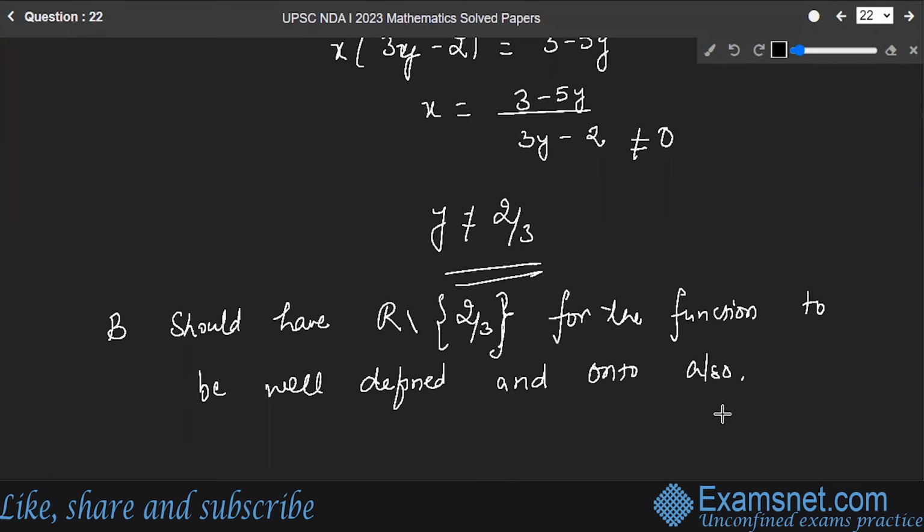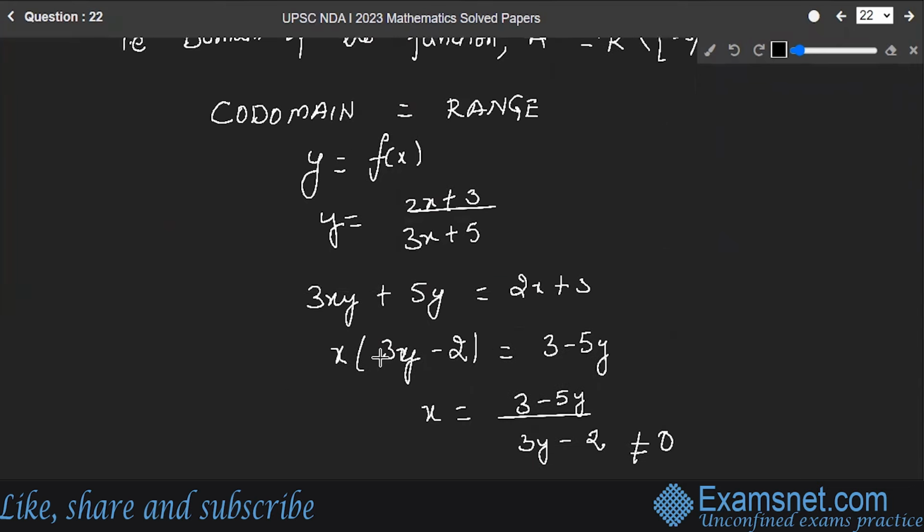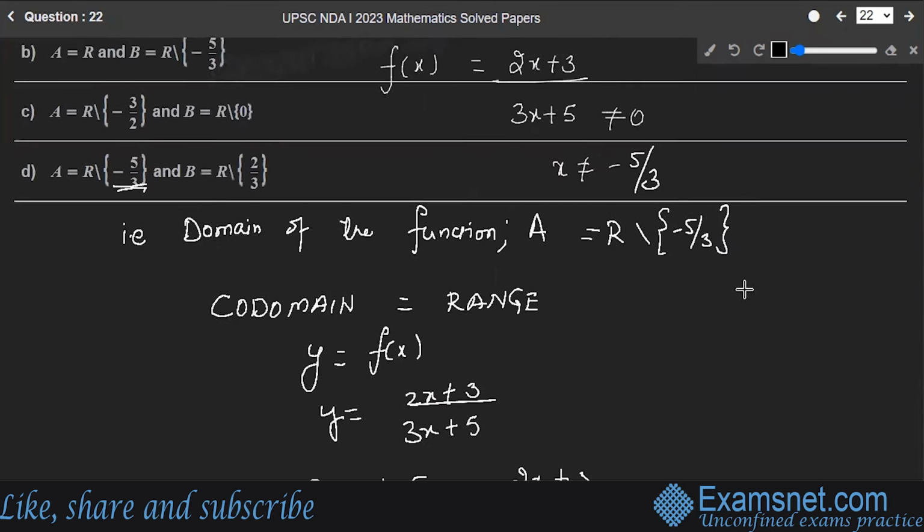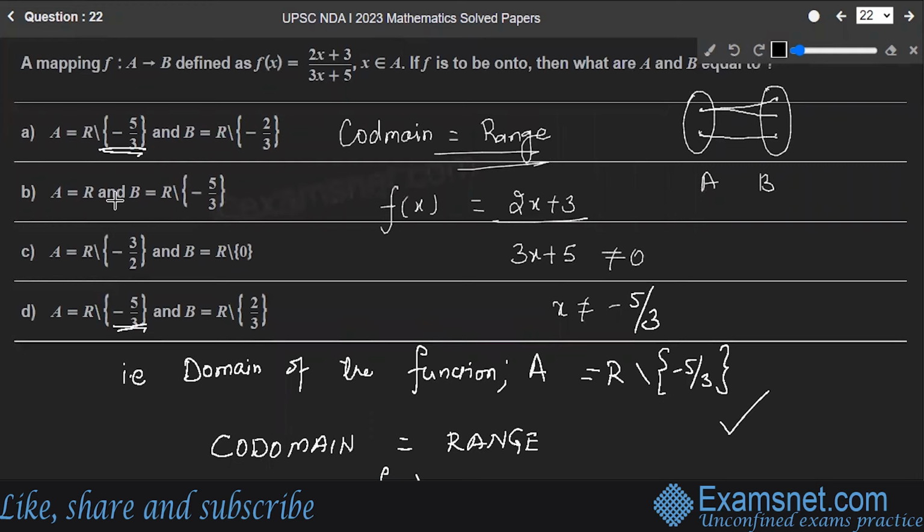So that means we have two conditions, that the real numbers should not contain 2 by 3 for the set B, and set A will not contain minus 5 by 3. So set A will not contain minus 5 by 3 is this, and this is the correct answer, because here is minus 2 by 3, which makes option D the correct answer.